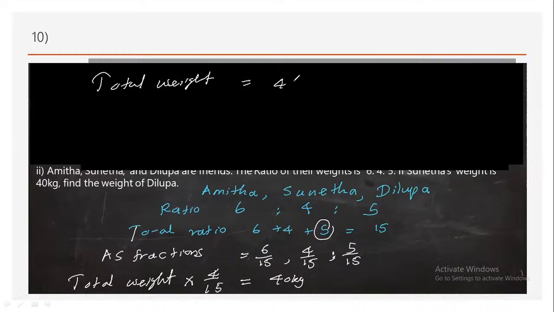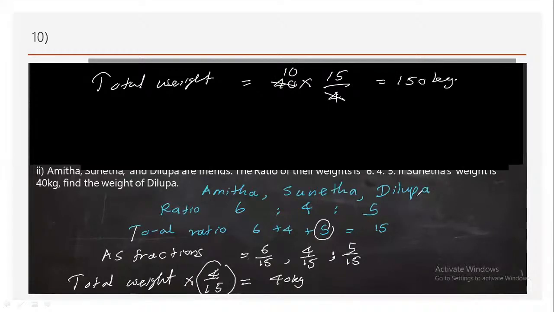Take to other side: 40 into 15 over 4, upside down, 15 over the line, 4 below the line, 10. 10 into 15, 150 kilogram.